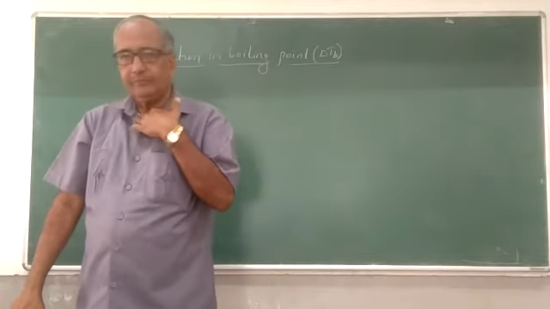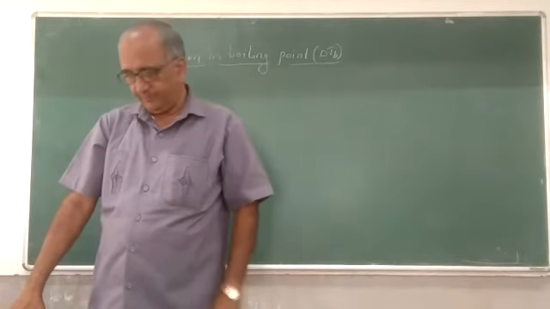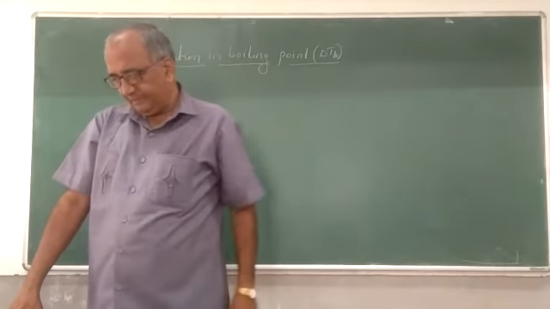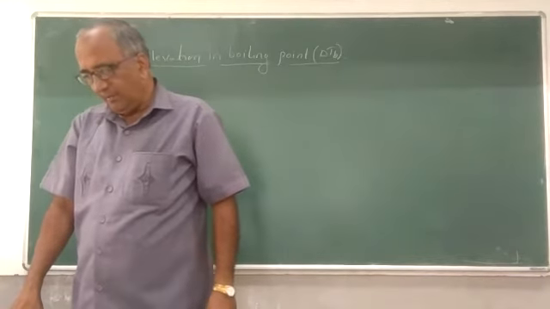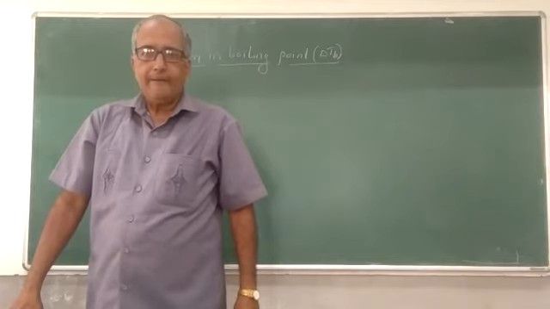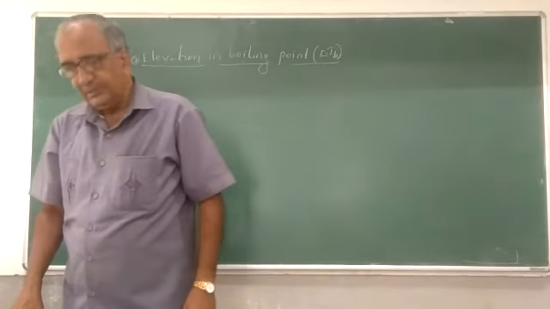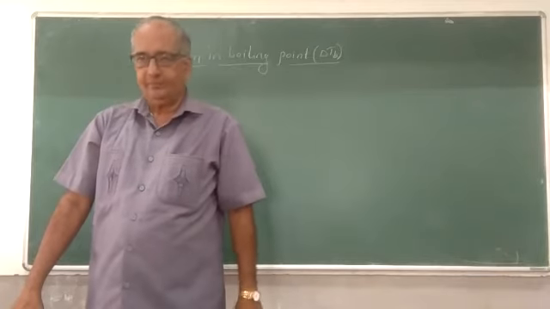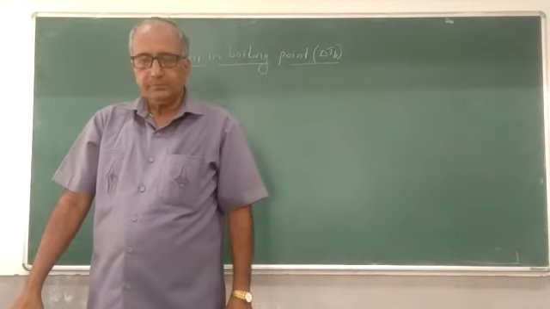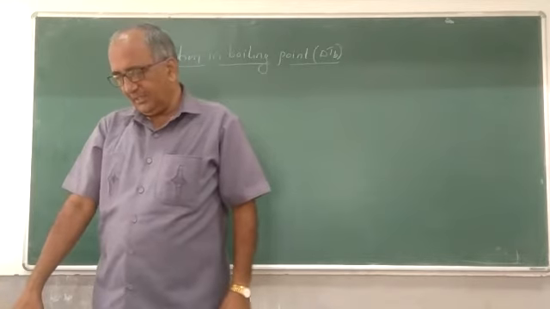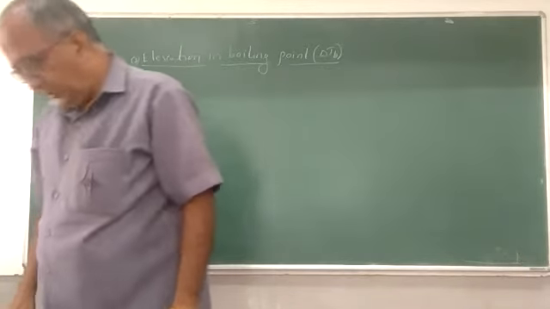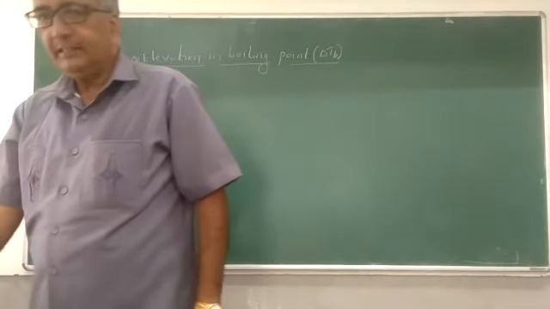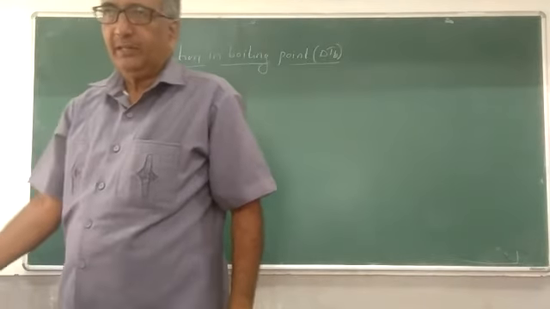The boiling point can be defined as the temperature at which the vapor pressure of the liquid is equal to the atmospheric pressure. It is the temperature at which the vapor pressure of the liquid becomes equal to the atmospheric pressure, called the boiling point of the liquid.